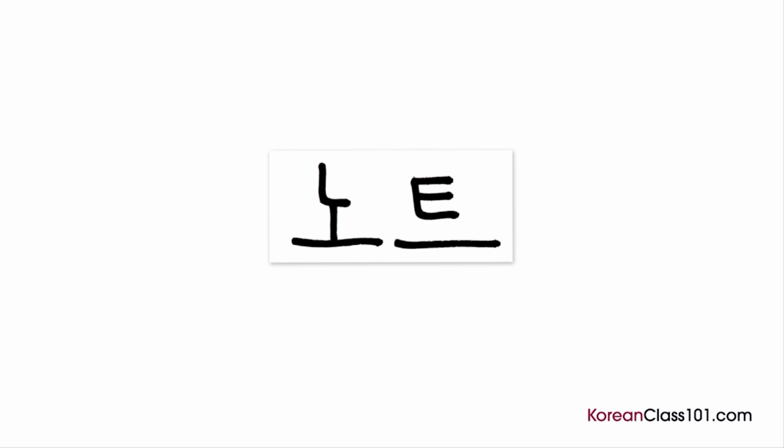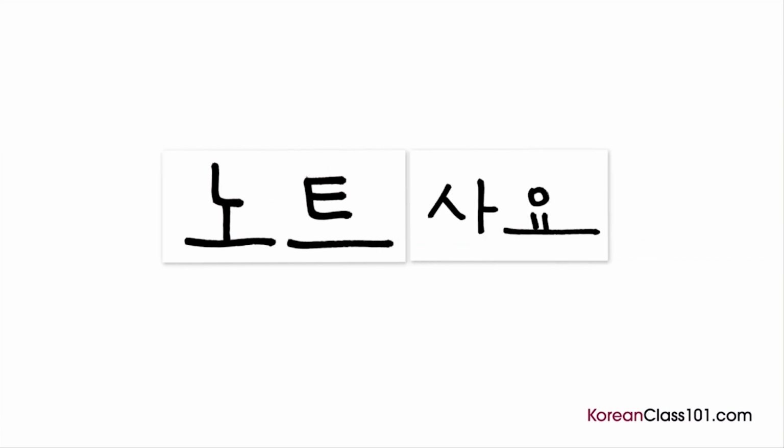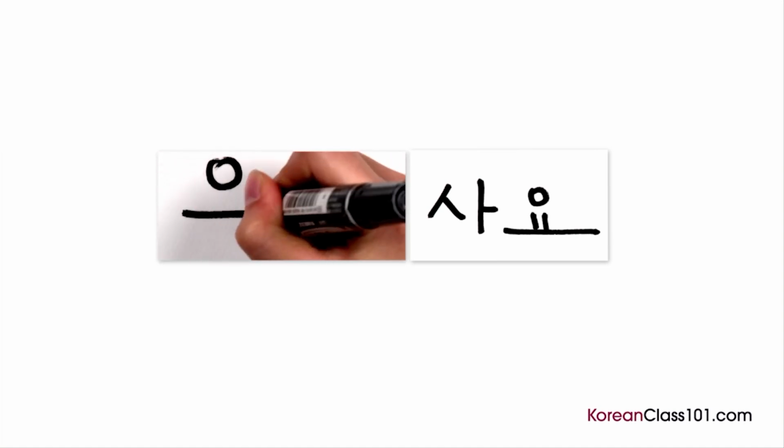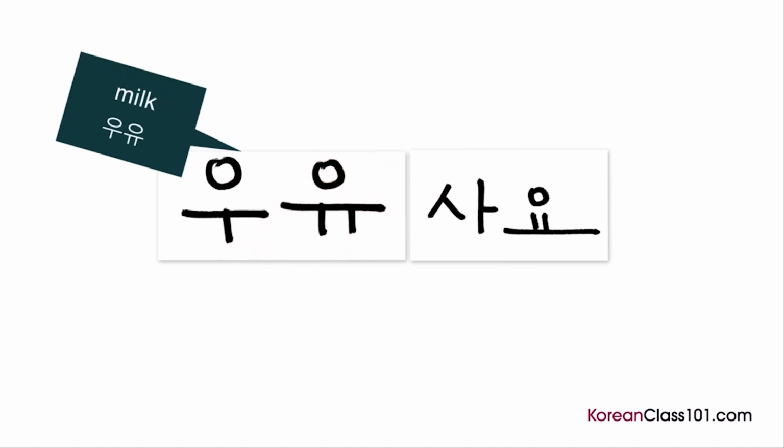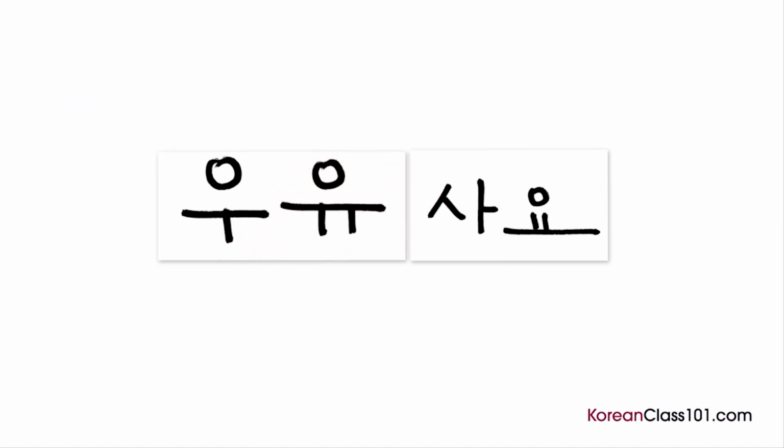I buy notes would be 노트 사요. 우유 means milk. So, I buy milk would be 우유 사요. We will learn some new nouns in this lesson that we can put into this pattern.